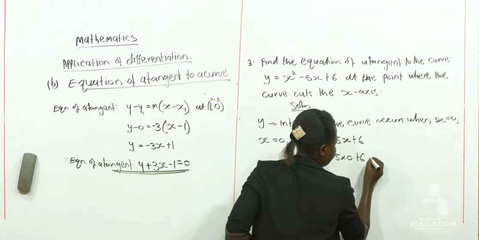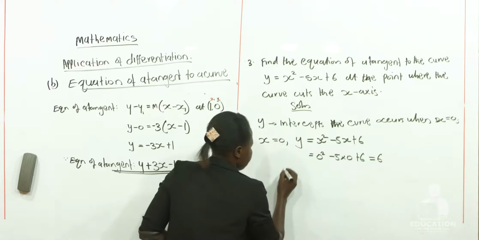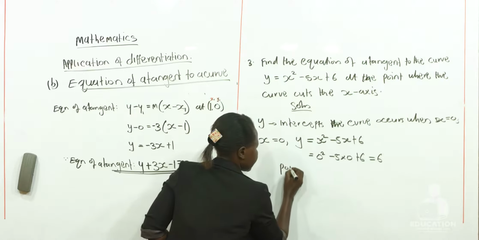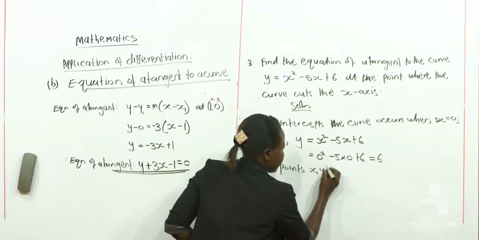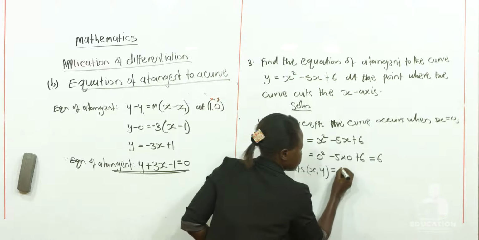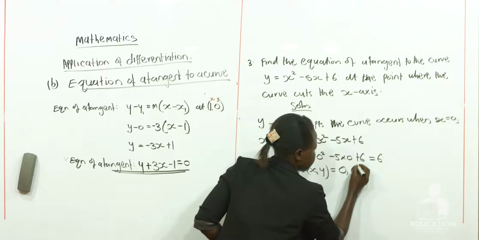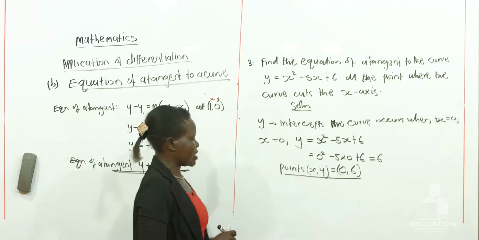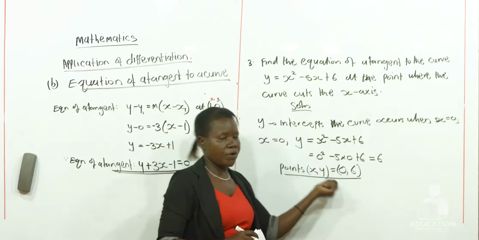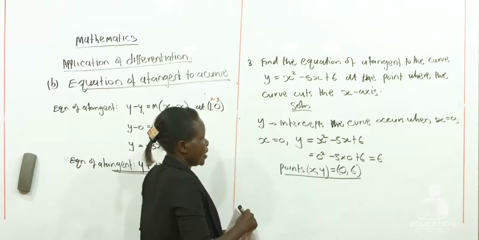So this will give us 6. Meaning our point is (x, y) where x is 0 and y is 6. You have to first find the point before you write the equation of a tangent.